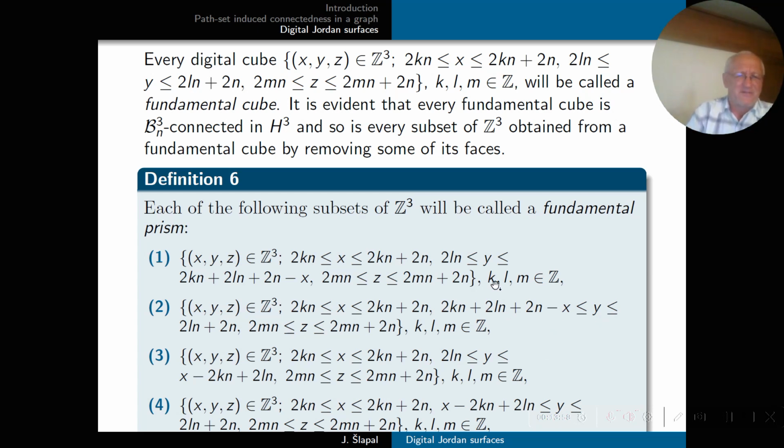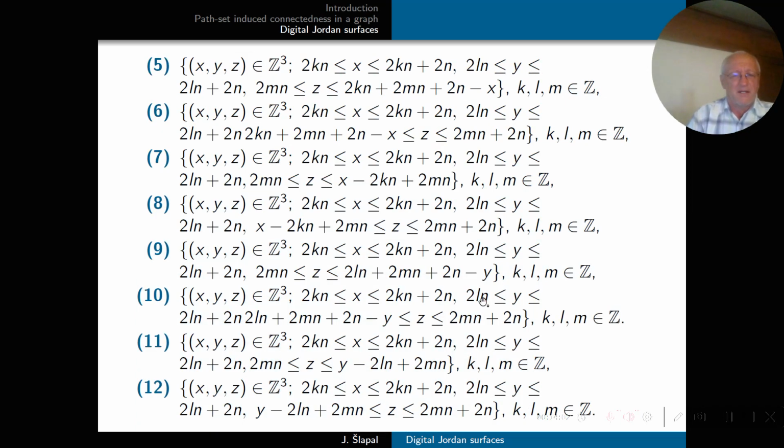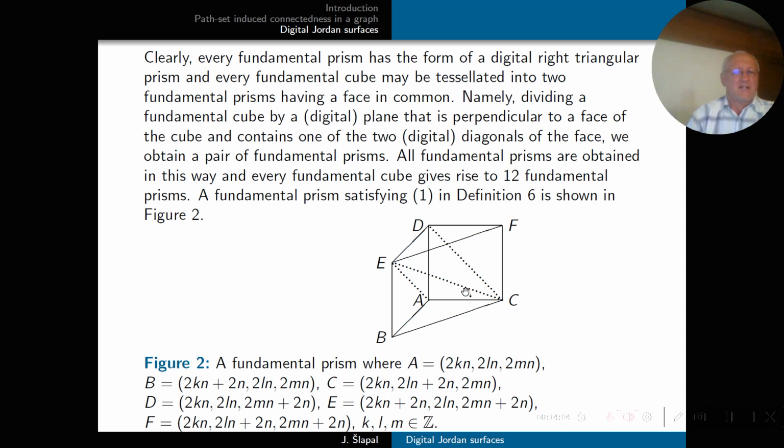In fact, the exact definition of these fundamental prisms is given here. But to understand, if you have a fundamental cube, you may always cut it by a plane which is perpendicular to one face and which contains a diagonal.